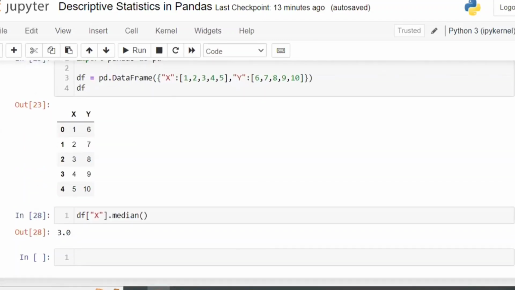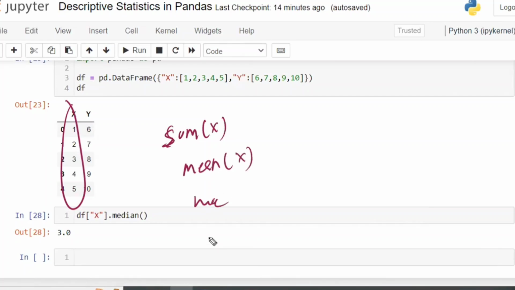So whenever you want to do manual calculation, go with a simple data set. For this data set, you can calculate the standard deviation of x. First, you can start with the sum of x. You can do the mean, median, range, variance, and standard deviation of x, for each and every value.